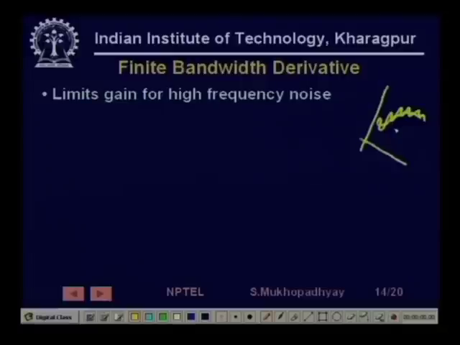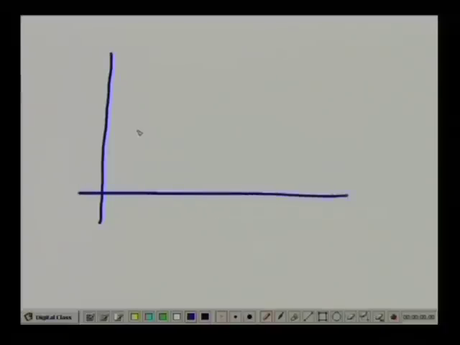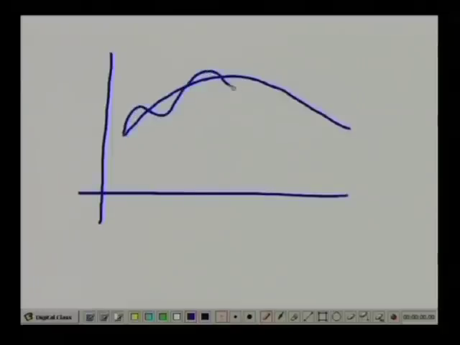Now, the point is that if you take this signal, this point needs to be understood. Suppose you have a signal which goes like this, and on this you have a noise. I am drawing it like this, actually noise will be at a much higher frequency. Now, if you take the derivative of this signal, what will happen?